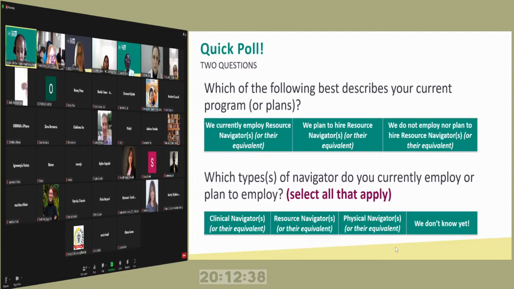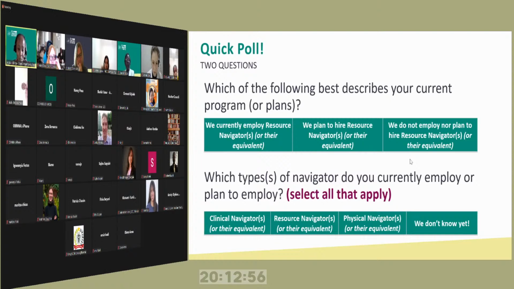And then of course, we have which types you do plan to engage. And we can see 47% of you, clinical navigators, resource navigators, again at 47%, physical navigators at 47%.